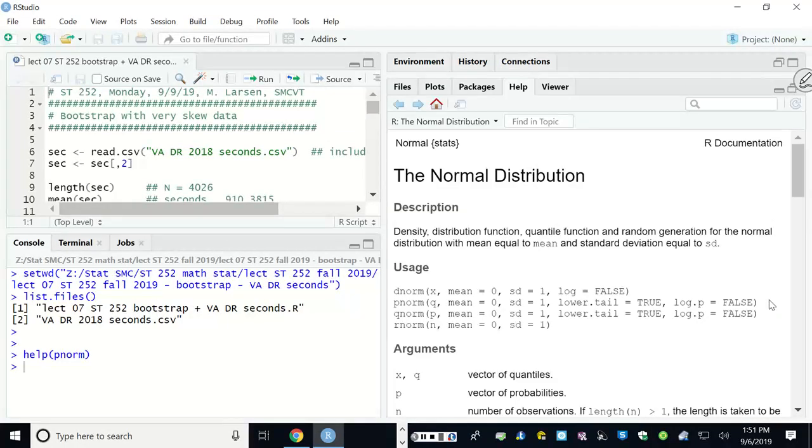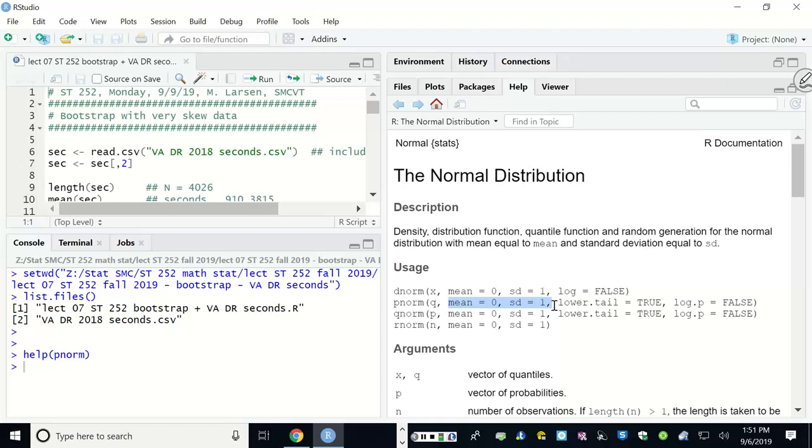Here it has mean 0, standard deviation 1 by default, so it does the standard normal by default. But you can change that. You could put 150 in there as the mean and a standard deviation of 10.6, and it would give you the probability.